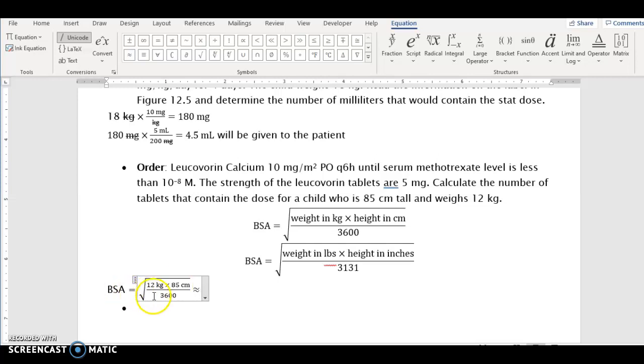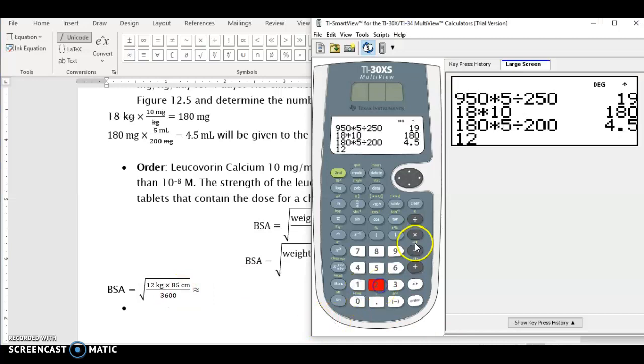We're going to do the part inside the square root first. So 12 times 85 divided by 3,600.